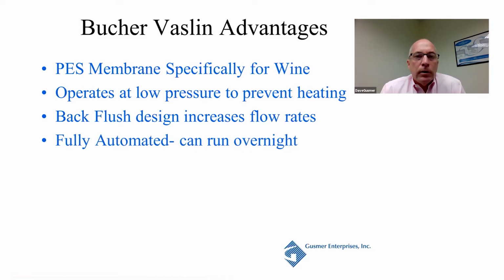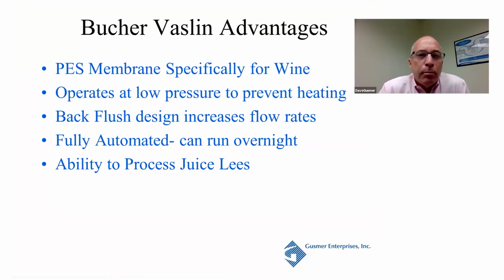Another huge advantage is the automation. The Bucher system is extremely easy to operate. You just have to punch a couple of buttons, hook up the hoses, as I said, and you're good to go. Most of our customers actually do run their filter overnight, and then they do the cleaning during the day. Obviously, you might need a couple of weeks to be comfortable in order to do that, but most of our customers have gone that direction.